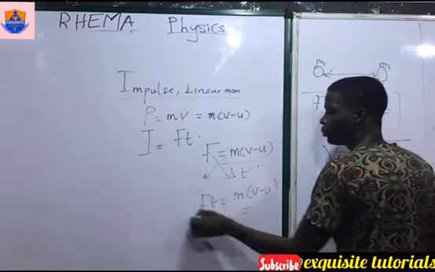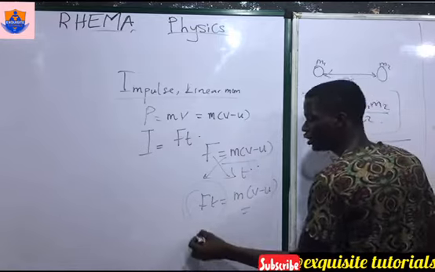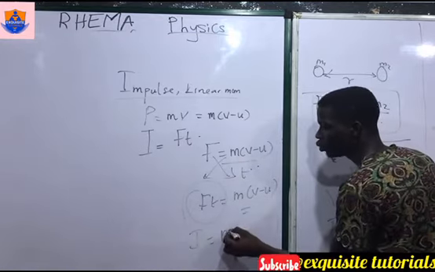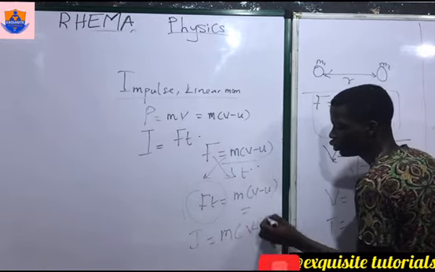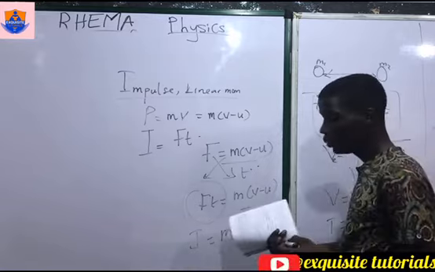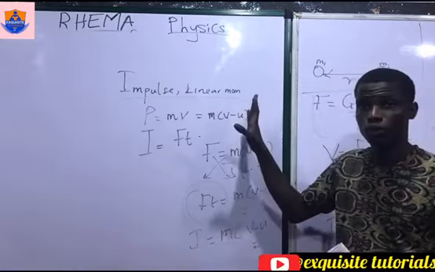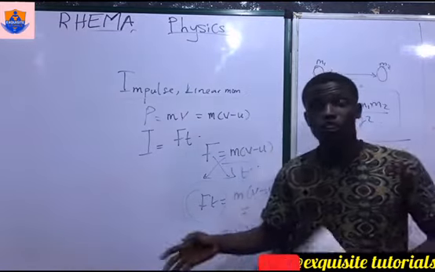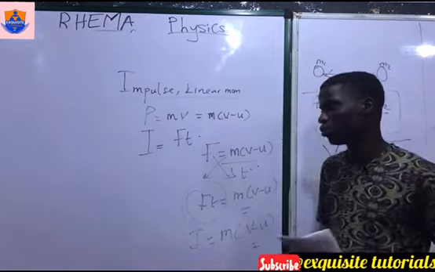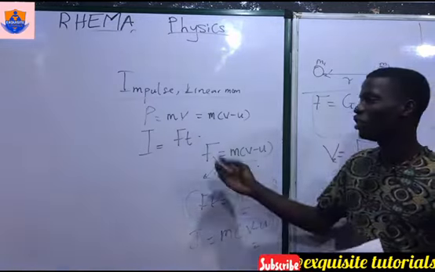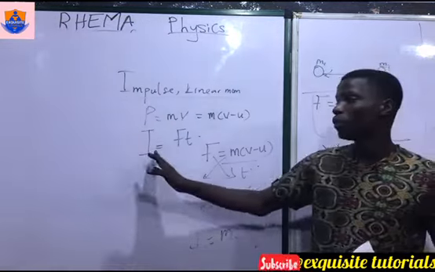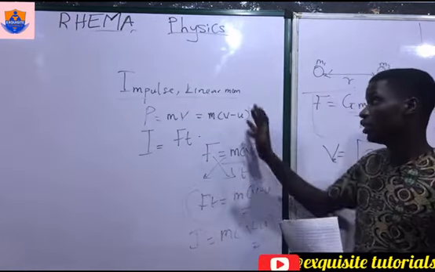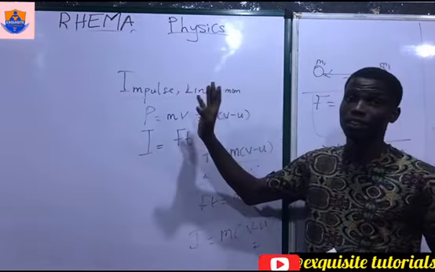So my impulse is equal to the change in linear momentum. It's normal: impulse is equal to linear momentum. That's why they put the two under one topic.